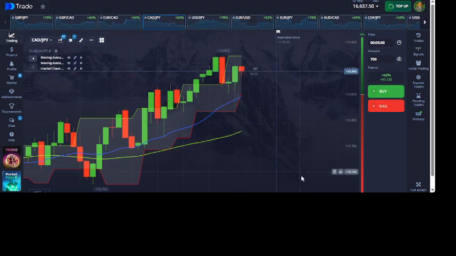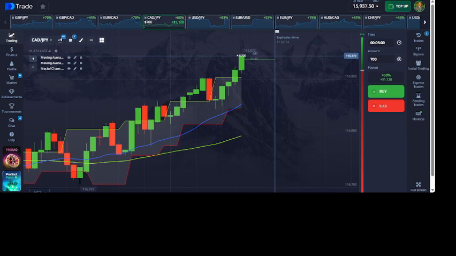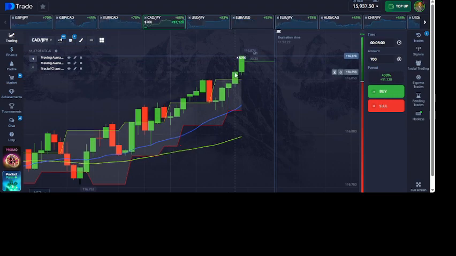Okay, so what I'm going to do is pause the video and look for one last trade. Okay, so I'm back again on the Canadian dollar Japanese yen, and this time I took another buy trade. The reason I took the buy trade is this previous candle here closed above the upper boundary of the Fractal Chaos Band line, suggesting a bullish momentum to the upside.